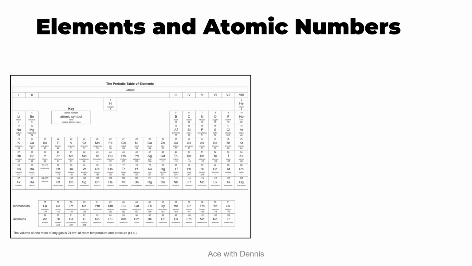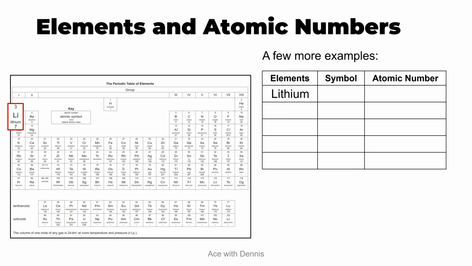Let's take a few more examples here. The first one is lithium. From the periodic table, the symbol for lithium is Li and the atomic number is 3. Next, calcium, symbol is Ca and atomic number is 20.